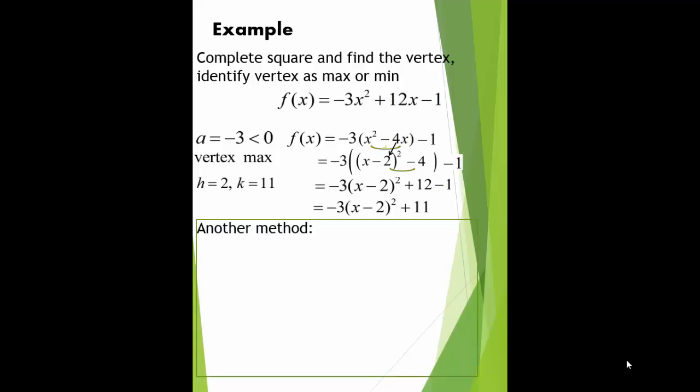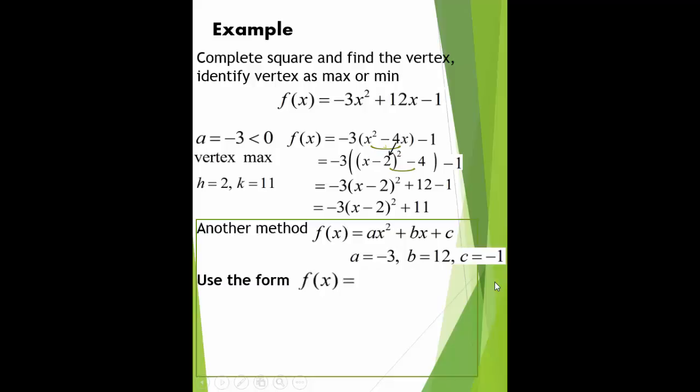We can use another method, just comparing with the standard form. So first you collect what is your a in the main equation. You can see here your a is negative 3, b is 12, and c equals negative 1. So we collect all these values here.